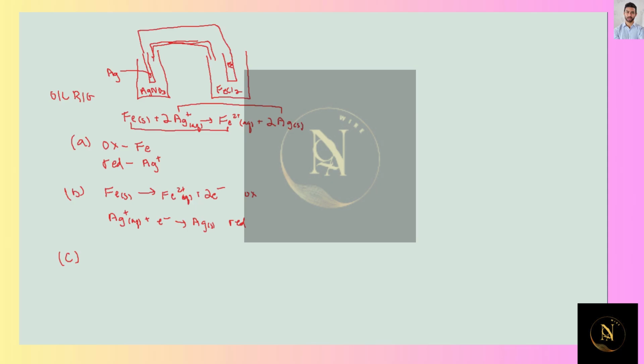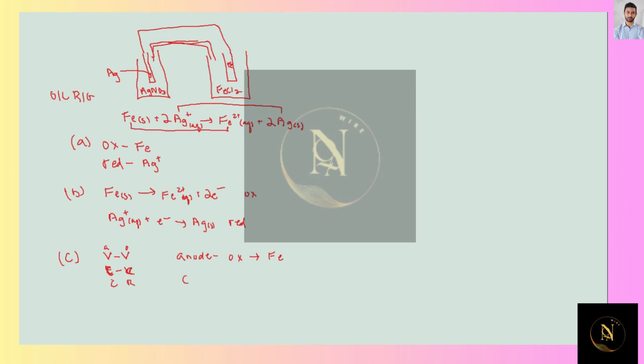Question C asks which electrode is the anode and which is the cathode. The little rule here is vowel, vowel, consonant, consonant. The anode is where oxidation occurs, and the cathode is where reduction occurs. So the anode is where the iron half reaction is, where my iron metal is.